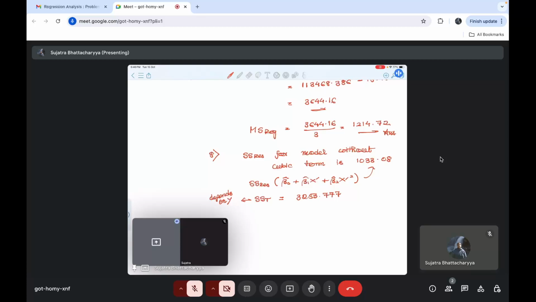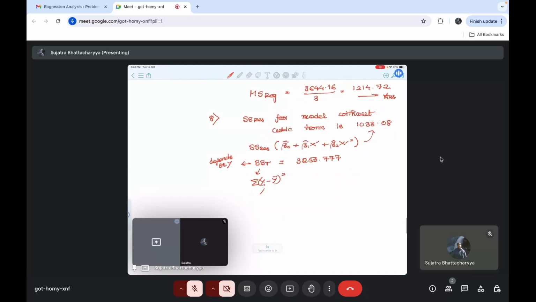You can either square the y minus y bar, using the definition of the sum of yi minus y bar whole square, or you can do y prime y minus n y bar square. This is a matrix multiplication of y prime y minus n, where n is the number of observations and y bar is the mean square. In both ways, you will get this result for SS total.